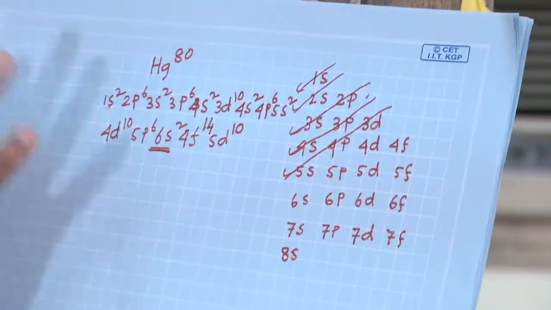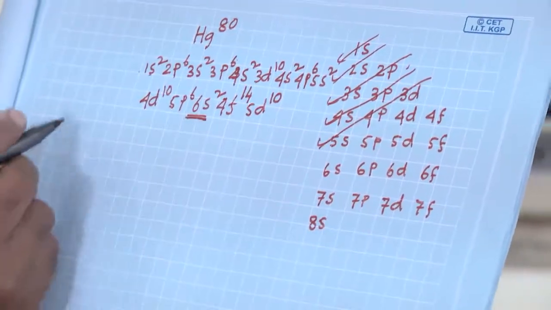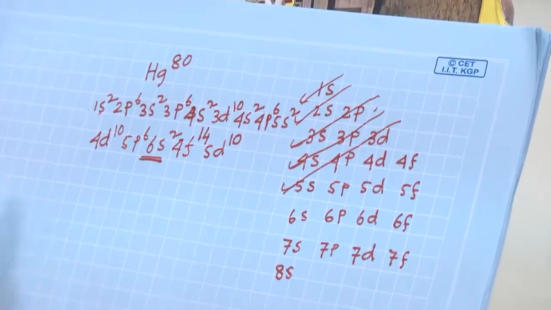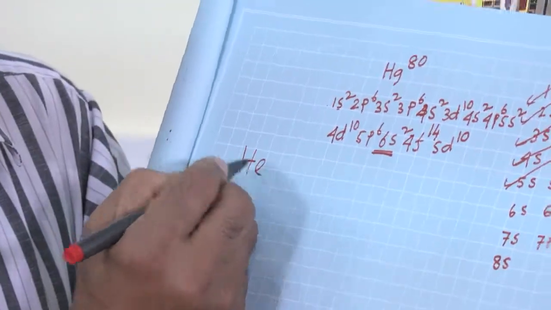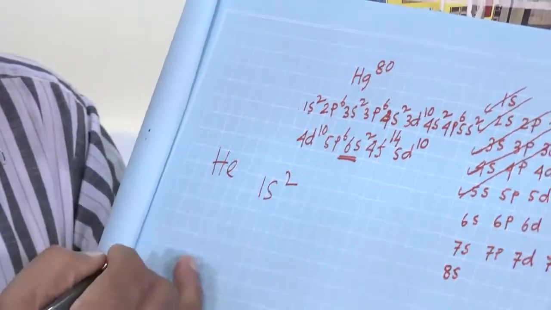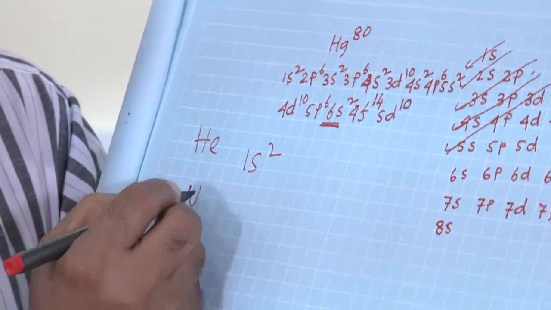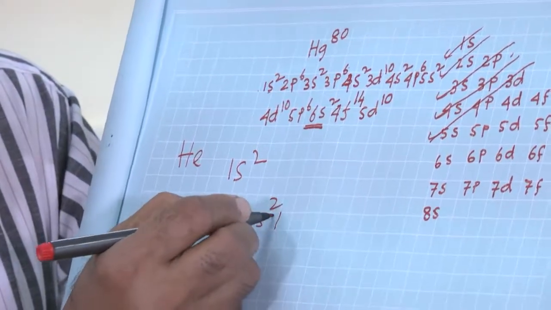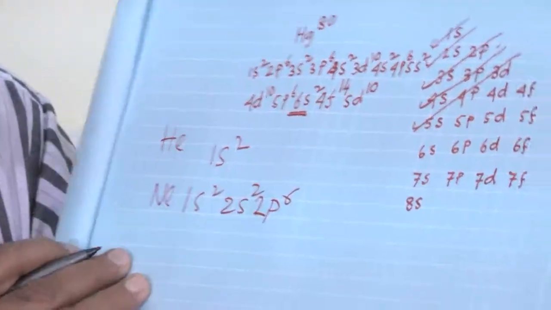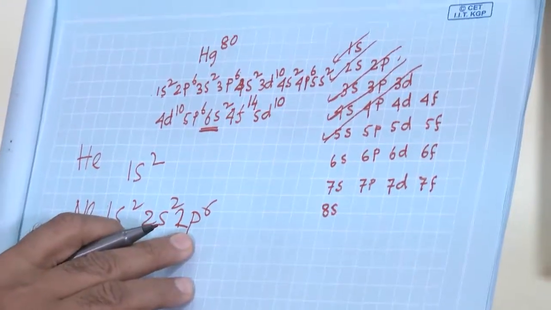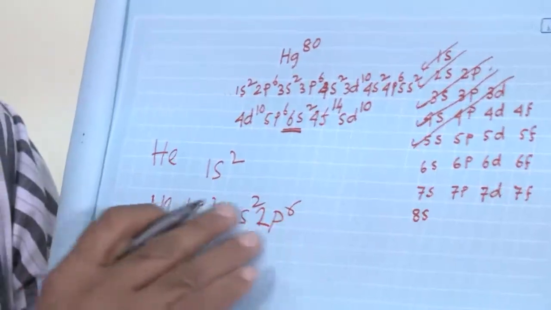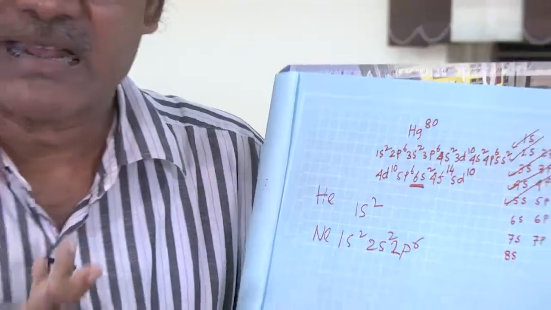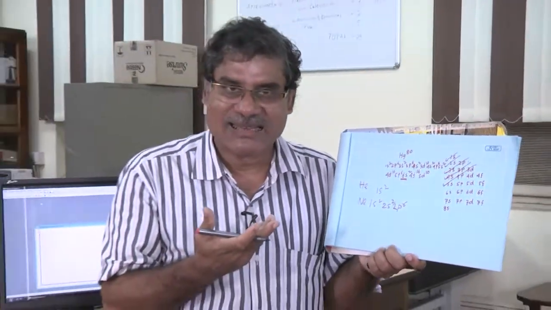So this electronic structure of mercury is similar to an inert gas, you know. Helium, you remember, has 2 electrons and it is 1s2. Okay. Neon has 1s2, 2s2, 2p6, 10 electrons. So its structure is like this. So it is not an inert gas, but it behaves like that.